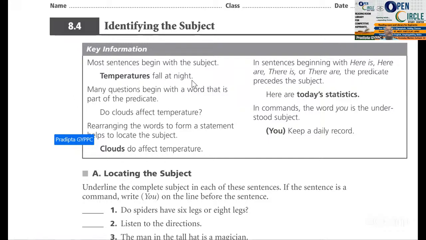Temperatures fall at night. So what is the subject? Temperatures. Questions begin with a word that is a part of the predicate. Do clouds affect the temperature? What is do here?